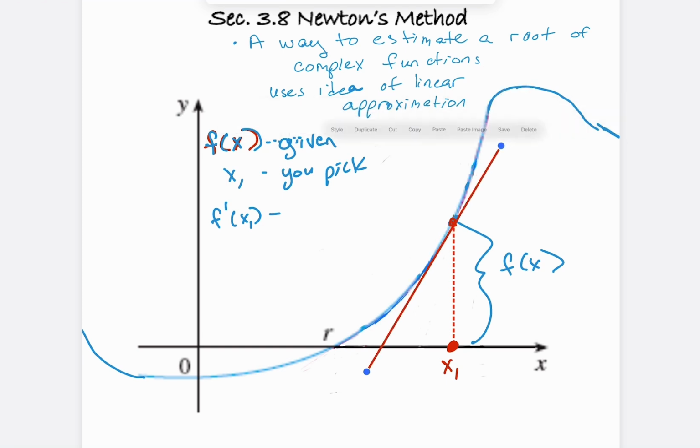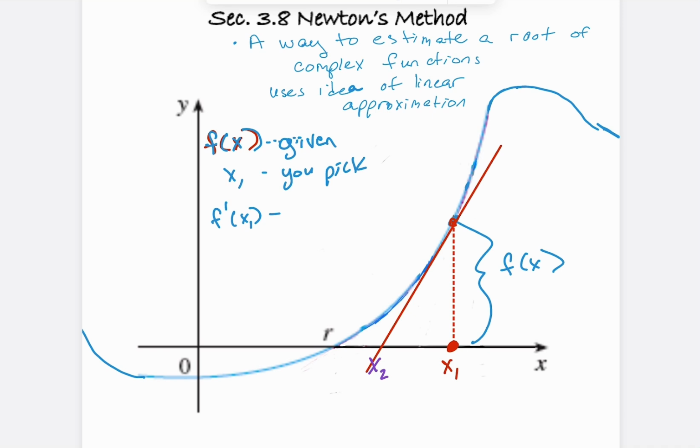And you can see the tangent line, once it goes to the x-axis, it is closer to the root than the first guess was. So that gives me an x2 value. My x2 is a closer approximation to the root, but it's not quite at the root yet.